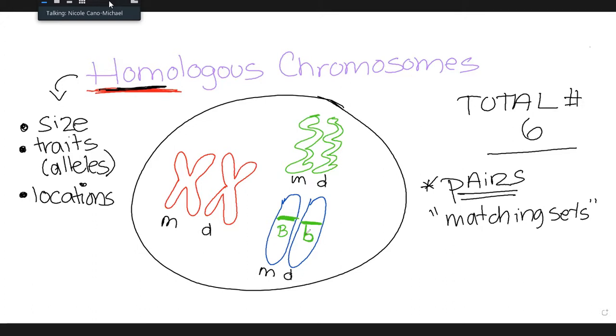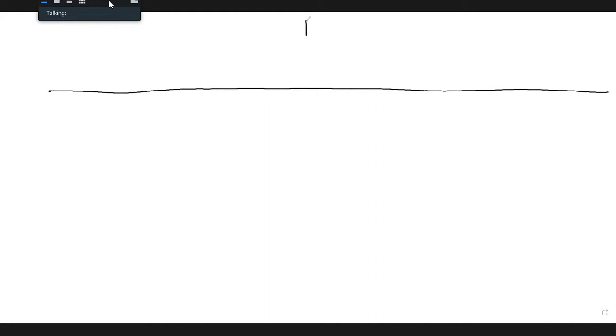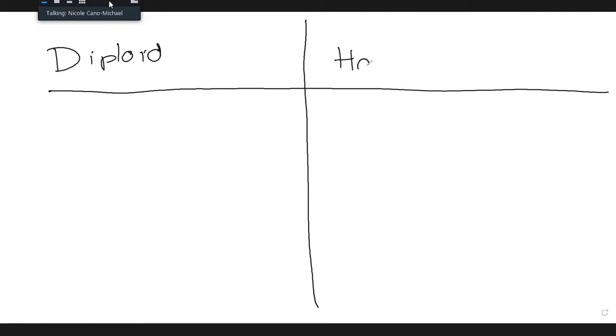Okay, so this is what I mean when I say homologous chromosomes. So what does this have to do with anything? Well, this brings us to the idea of haploid and diploid cells. Thinking back to my homologous chromosomes, I have some cells that are diploids and other cells that are haploids.